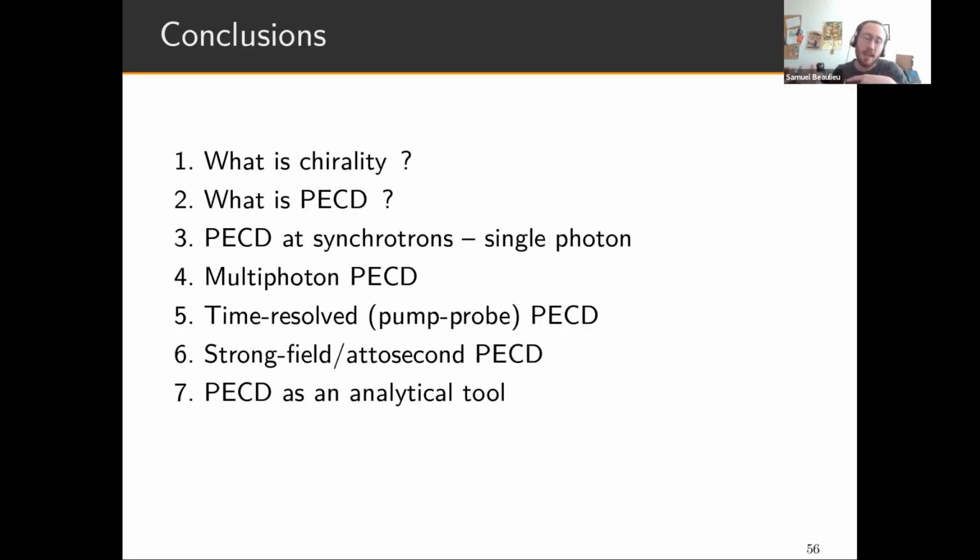But flipping this idea around, we can also use very subtle effects in chiral photoionization to learn new things about strong field ionization, very subtle effects which are difficult to extract using photoionization of non-chiral targets. So this fundamental symmetry breaking of the interaction process can be used to investigate deeply the mechanism of strong field ionization.